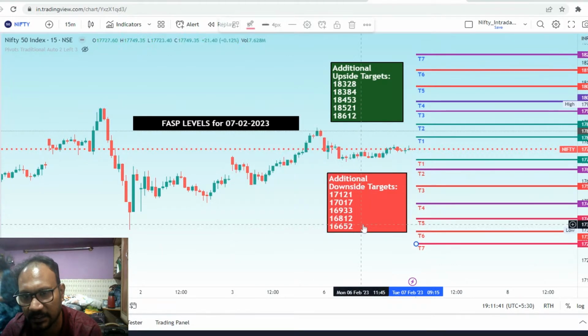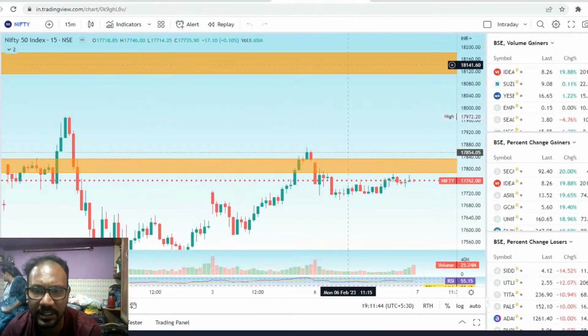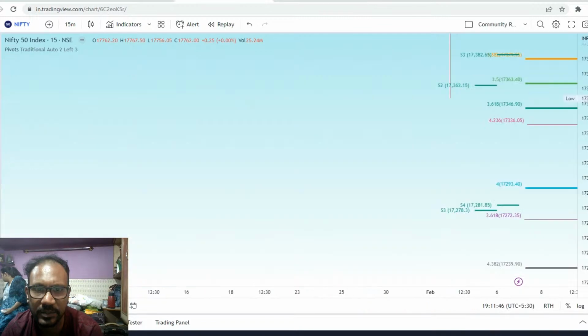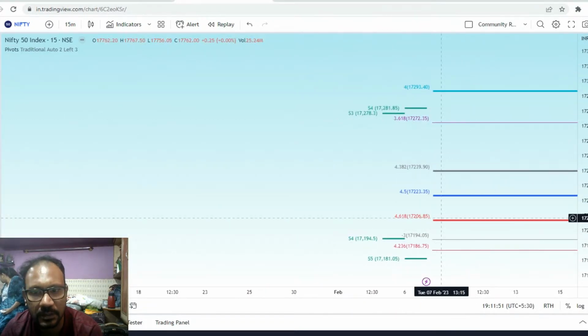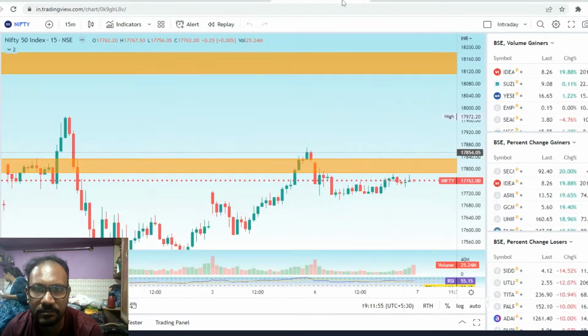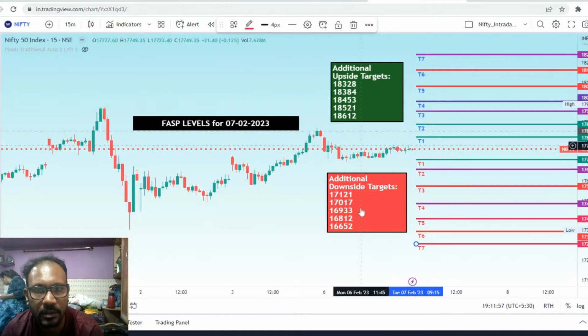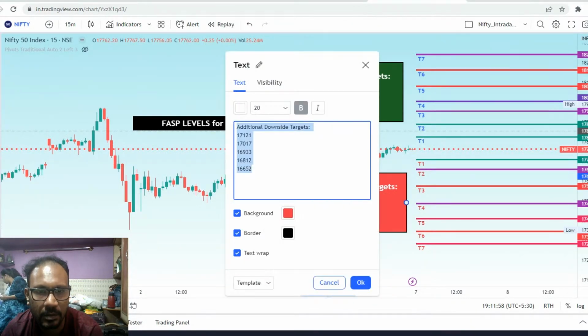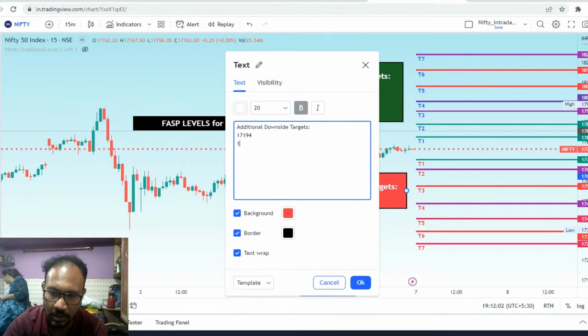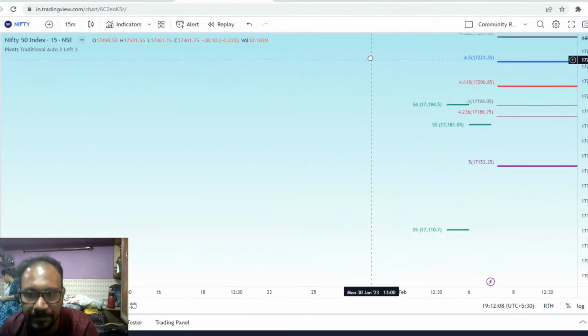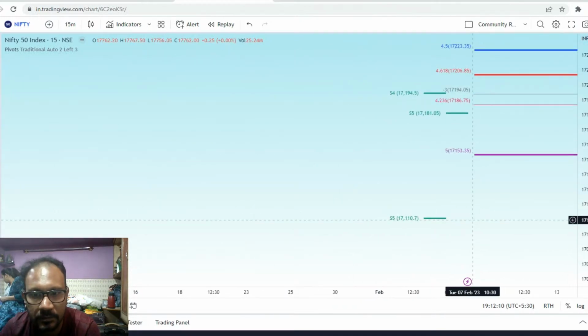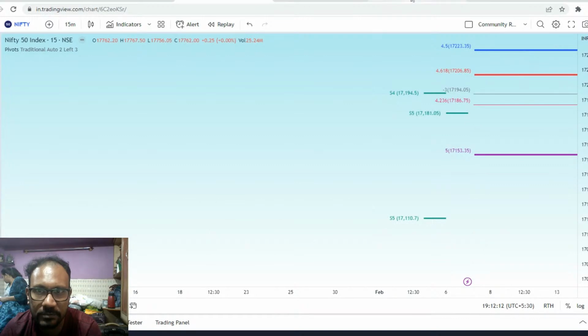Right, these are the levels on the downside. Now let's add the additional targets, and that should be good enough. 194 looks good. 110 looks good.